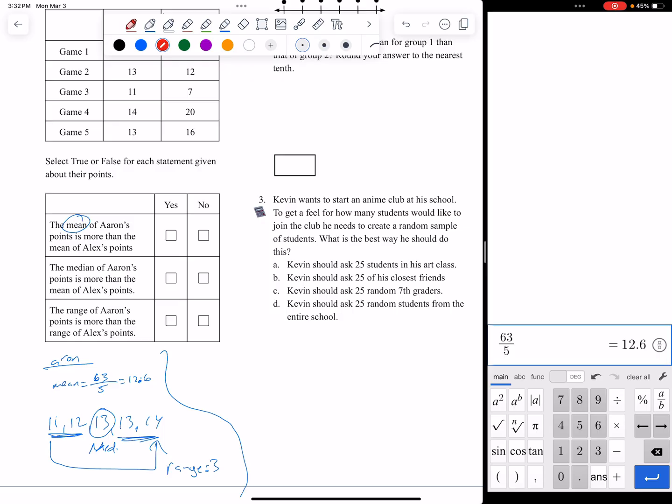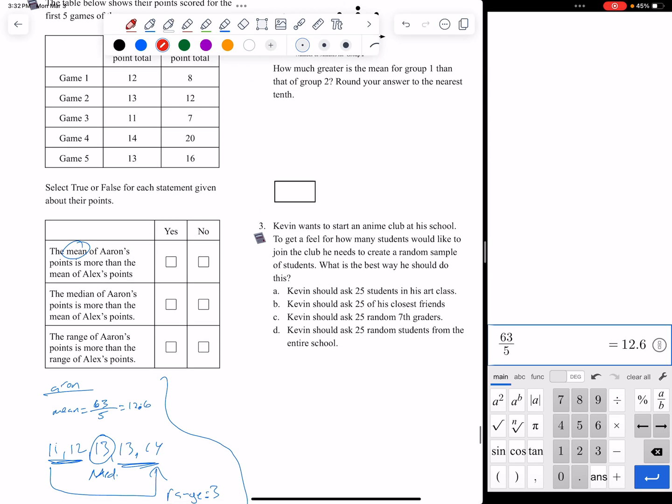So now let's focus on Alex. I'm going to put this in order again. So if I'm looking at his points, I got 7, 8, 12, 16, and 20. Now I'm going to do the mean first, so let's add those. 7 plus 8 plus 12 plus 16 plus 20.